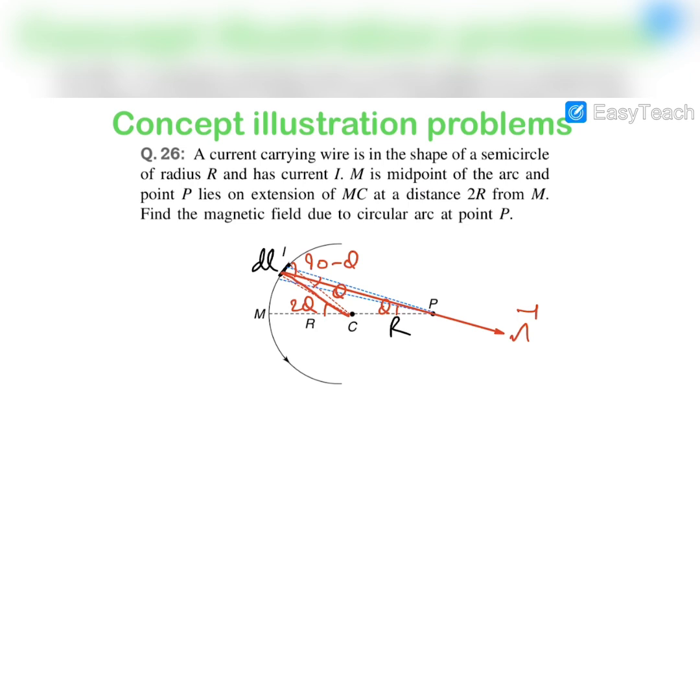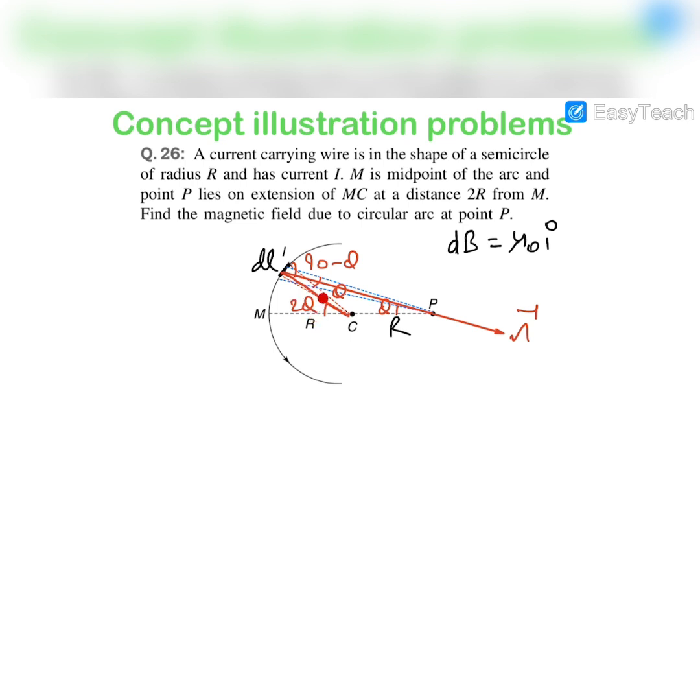So we have to add up all the magnetic fields, because all of the magnetic fields due to each small dl part will be in the same direction, and hence we can add them up. So dB due to this small wire will be equal to mu naught I dl, and you can write down dl as r into d theta.